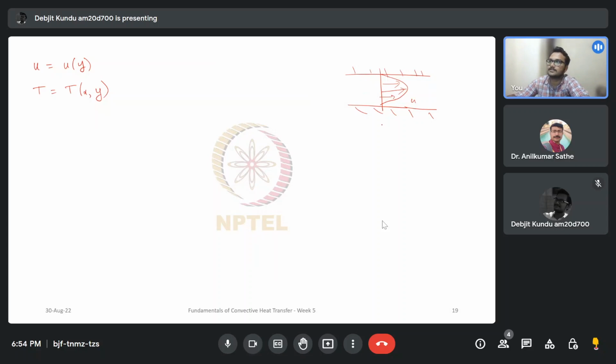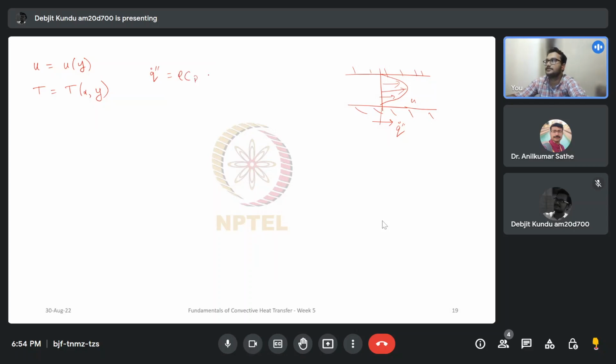So across this section, there is a flow of heat energy, correct? So this heat flux is something which I'm trying to estimate using bulk mean temperature as well as the mean velocity.